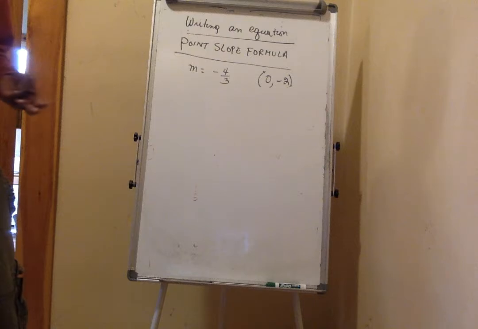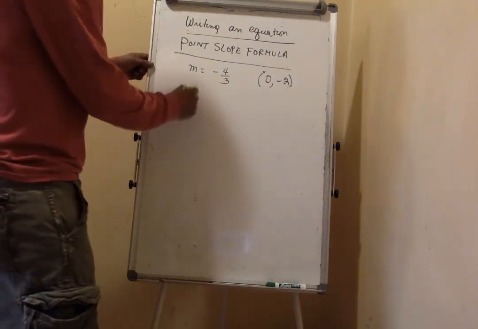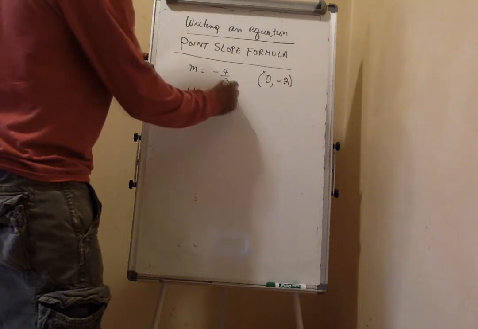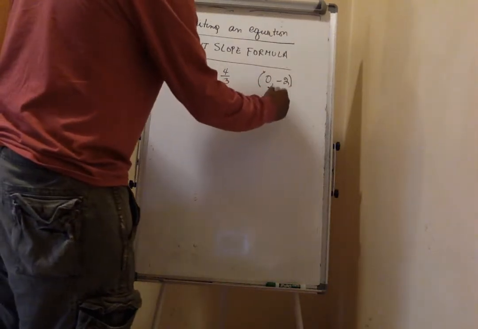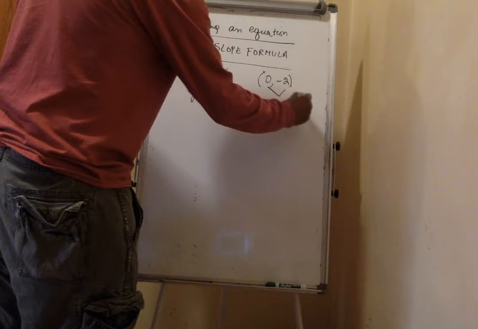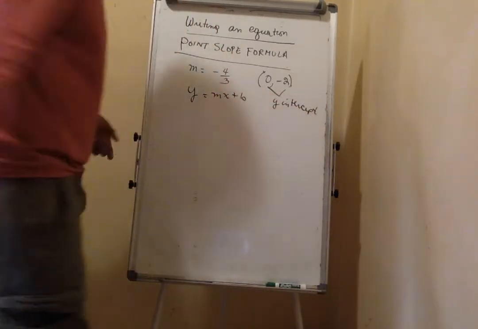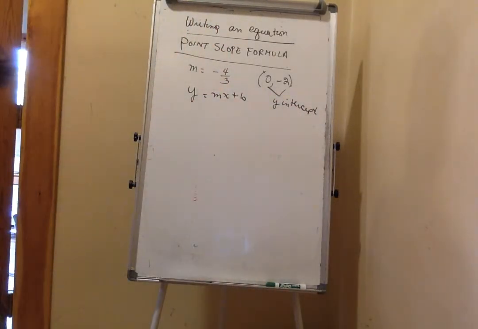This one, we don't even have to use the point slope formula. We can do y is equal to mx plus b, because this one is your y-intercept. It is when x is 0, y becomes some number, and that would be your y-intercept.